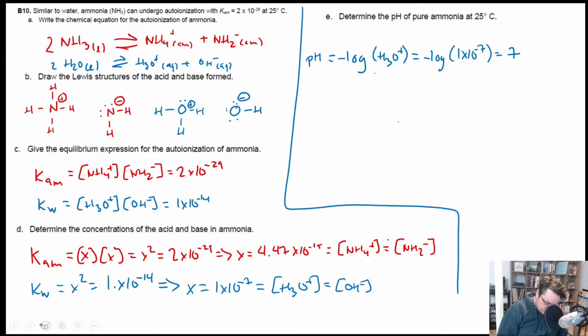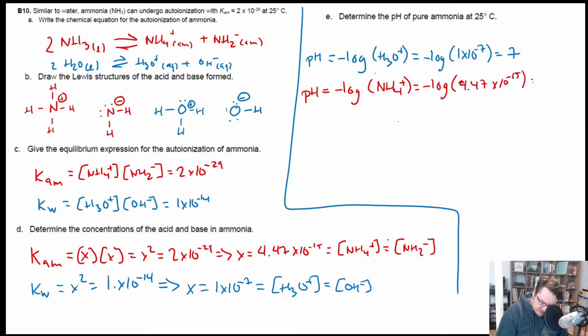And so if we do that same exact process for ammonia, pH is equal to the negative log. In this case, the species that's similar is going to be the NH4 plus now. And so we plug those values in. So negative log of 4.47 times 10 to the negative 15.